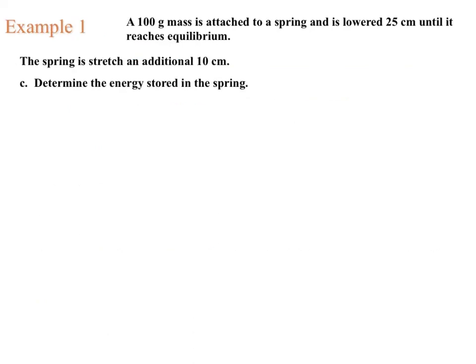Now let's say that you have that exact same situation, but after it's reached equilibrium, you have stretched it an additional 10 centimeters. Now that you have stretched it, now we know that when you release it, it will be able to move. So it can have elastic potential energy. So our equation was 1/2 kx squared. In this case, we're not considering the entire distance stretched. It is not 35 centimeters because, again, that will not give us a potential energy. It is only that 10 centimeters.